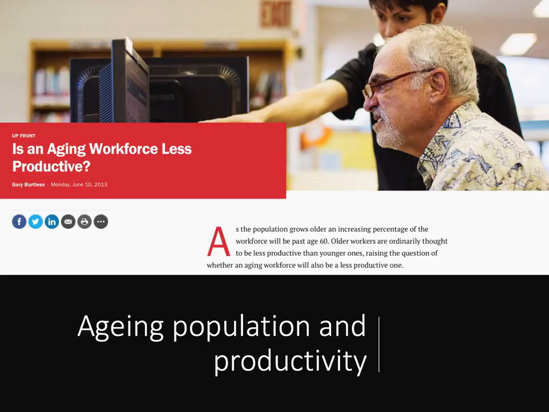A World Economic Forum article last year argued that skills and abilities of older workers are not so much declining as shifting. And a smart employer, a smart business, best knows how to take advantage of the changing strengths of an ageing workforce.